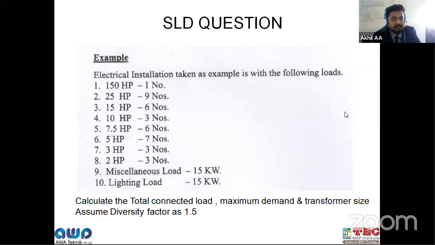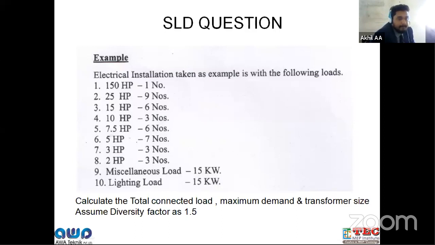Maximum demand. 359.49 is the total connected load or the maximum demand? Total 433 kilowatt, maximum demand 268 kilowatt.